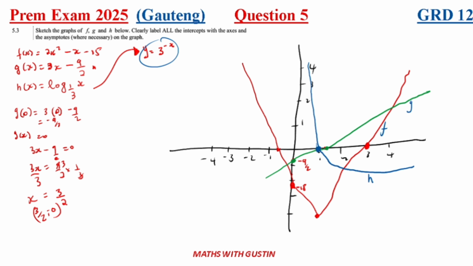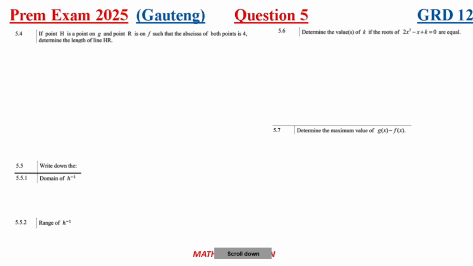Right, so now 5.4. All right, 5.4 said if H is a point on G and R is a point on F, such that the x-coordinate of both points is 4, determine the length of HR.